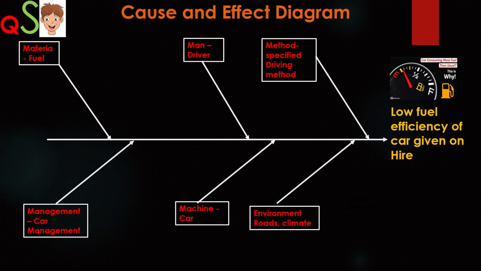First example is from a car leasing company and the problem considered is low fuel efficiency of a car given on lease which affects the business adversely. Let's see how elements mentioned above can be applied in this case.